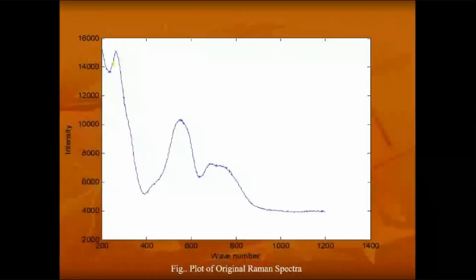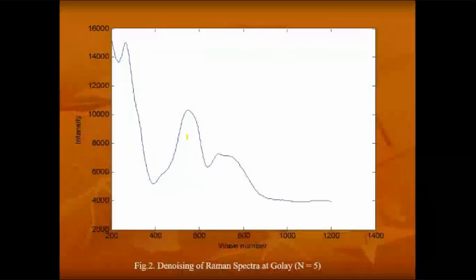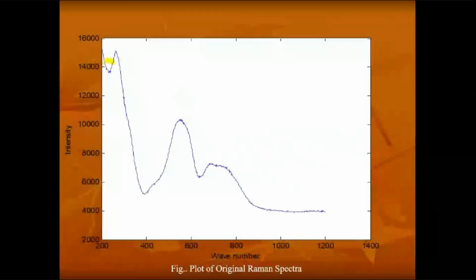We cannot define the actual smooth graph. So with wavelet methods, some technique from the wavelets, now here we can see the peaks are very clear compared to the original graph. So this is the beauty of wavelet methods.